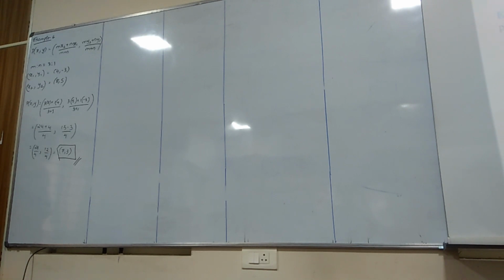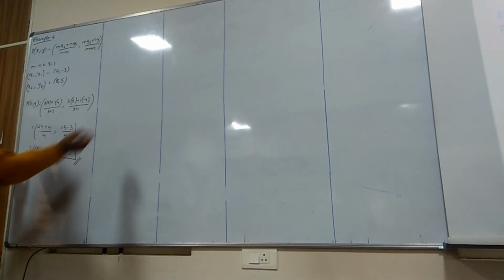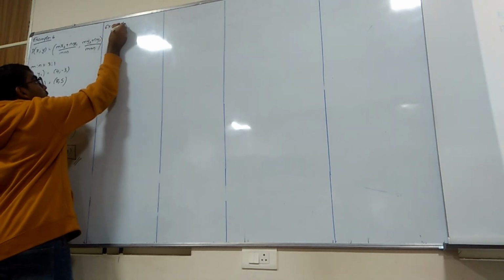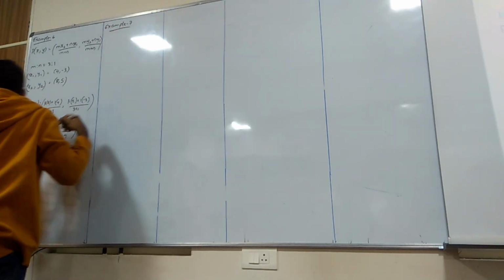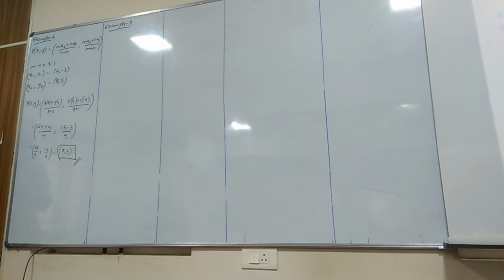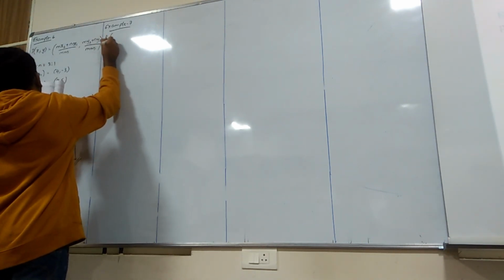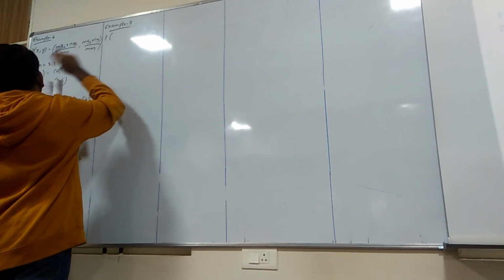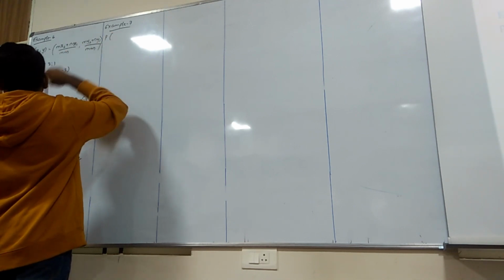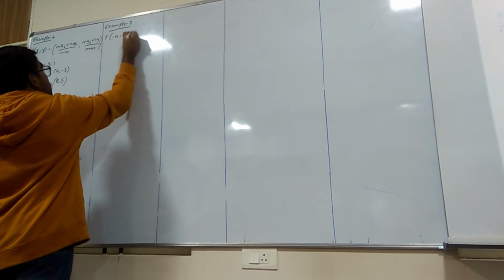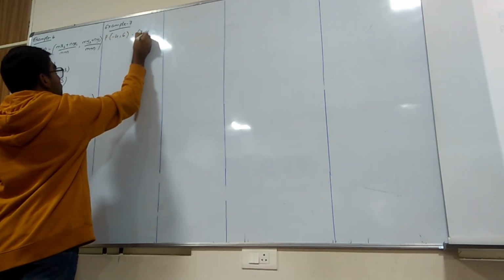Solving methodology we will see. Example: they have given us point P, which is (minus 4, 6), which is nothing but x, y.